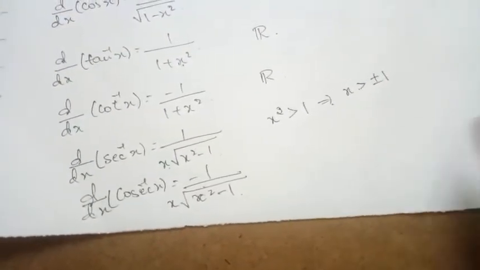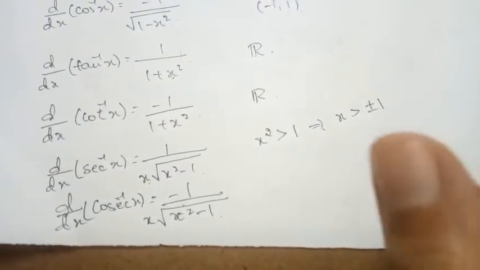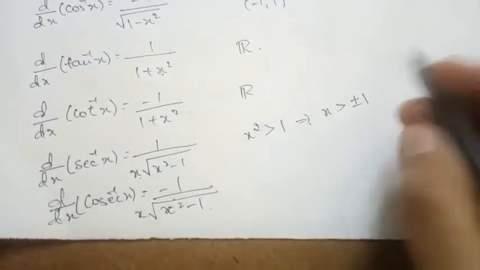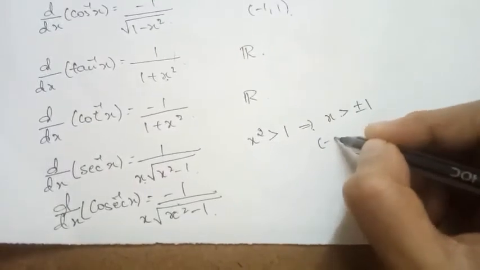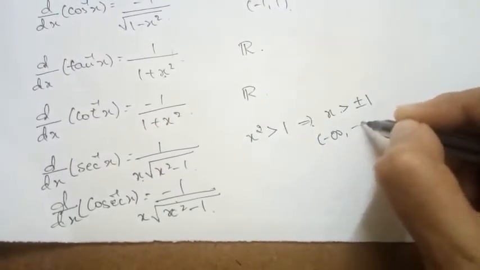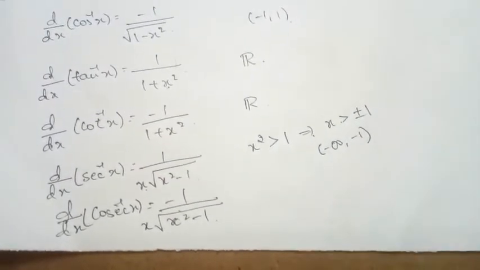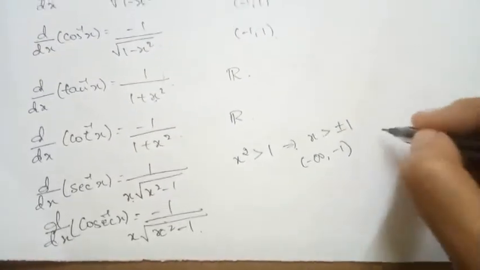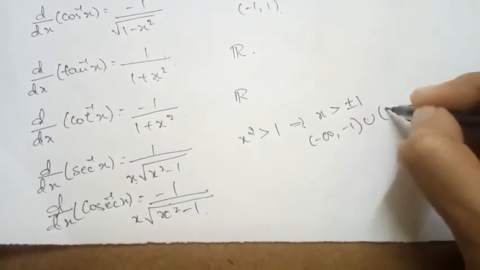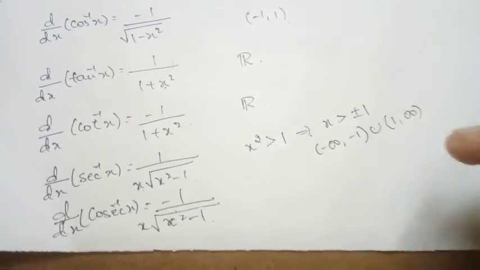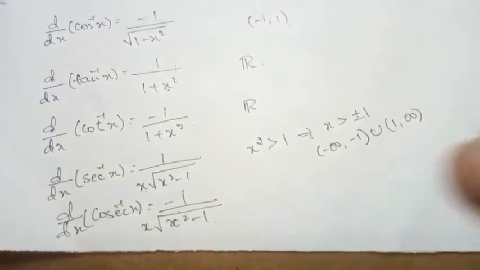Strictly greater than plus or minus 1 means the values lie from minus infinity to minus 1, where minus 1 is not included, union 1 to positive infinity, where 1 is also not included.